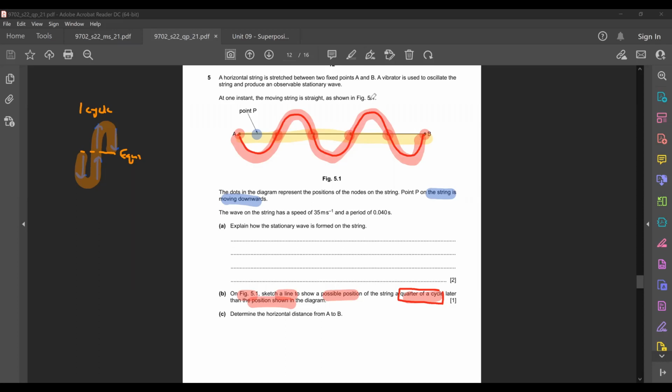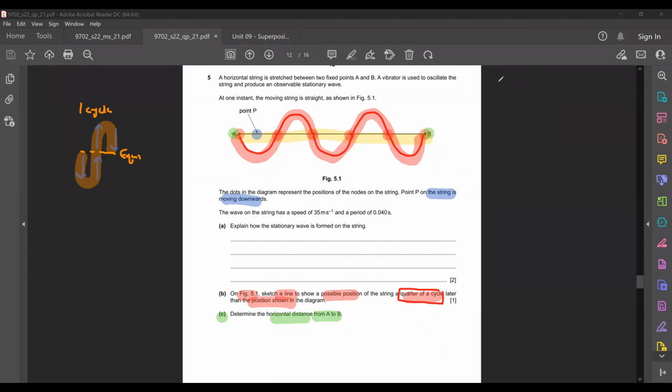All right. And then from there, in part C, they want you to determine the horizontal distance from A to B. Okay, now from A to B here, there's one thing about stationary waves that you will have learned.